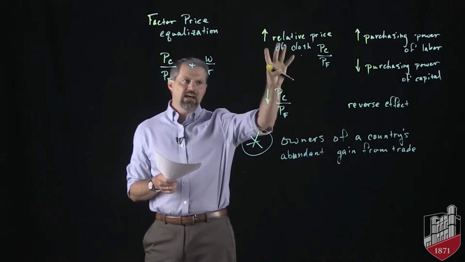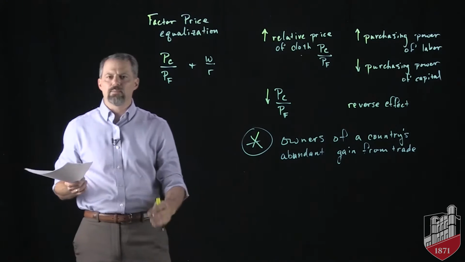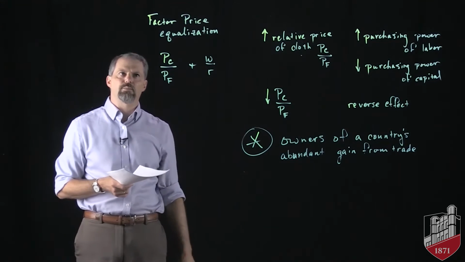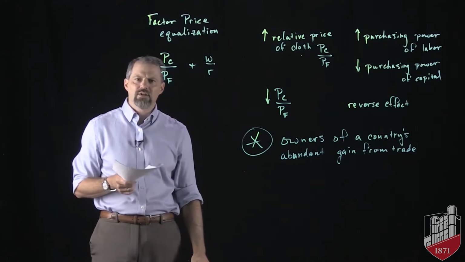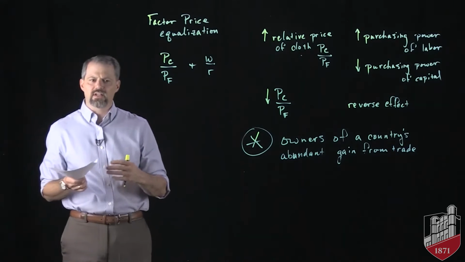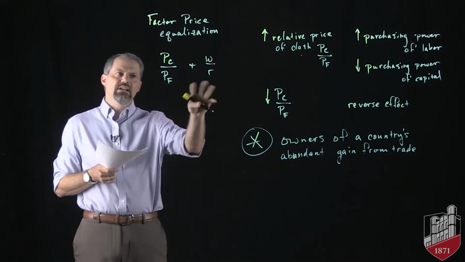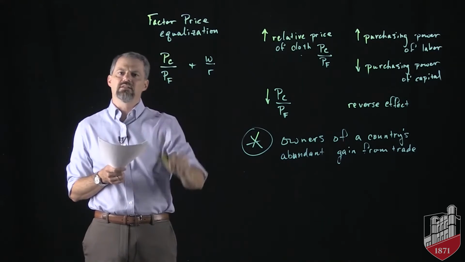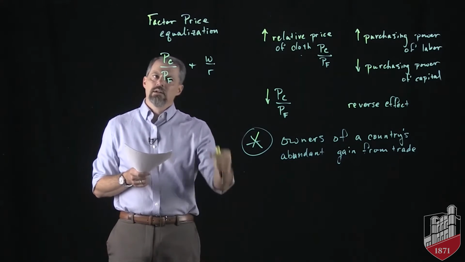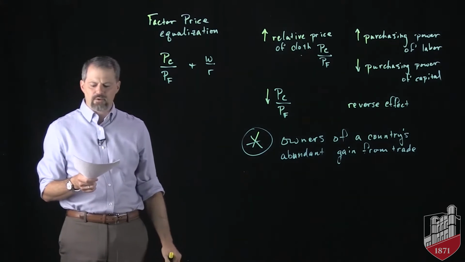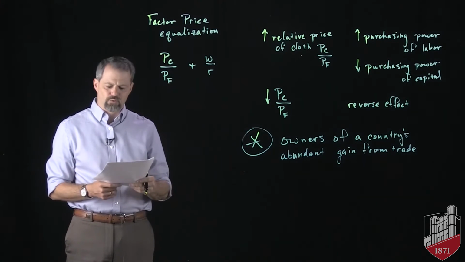We tend to get nice predictions that match up with what we see, but in terms of this factor price equalization, we don't tend to see that. And so the question that international economists ask is, well, why do we not see that? We see equalization in terms of world prices, but not in terms of the factor prices, and there are a few possible reasons.